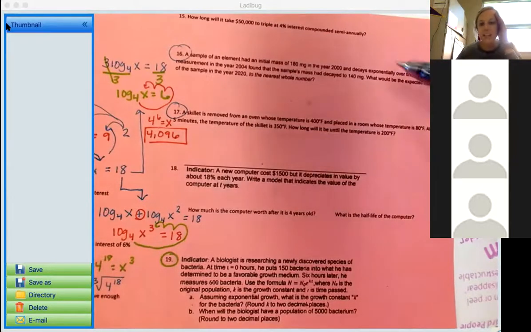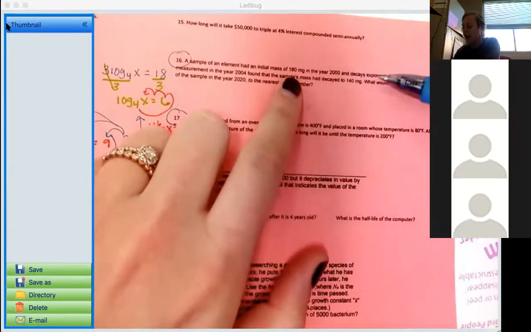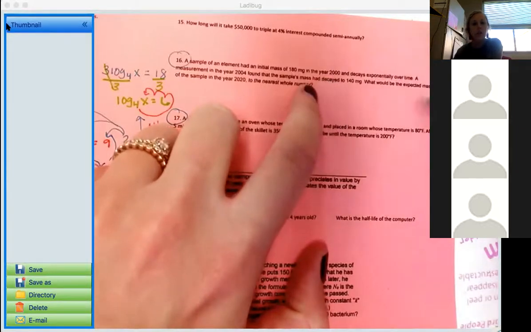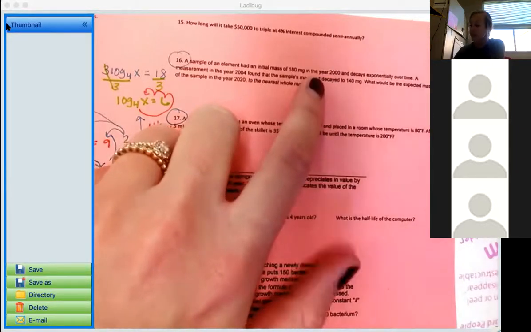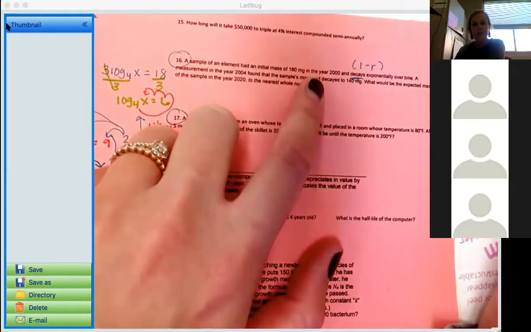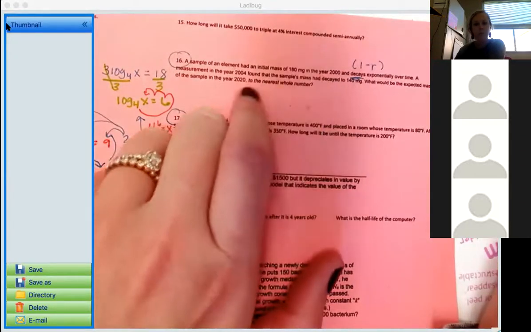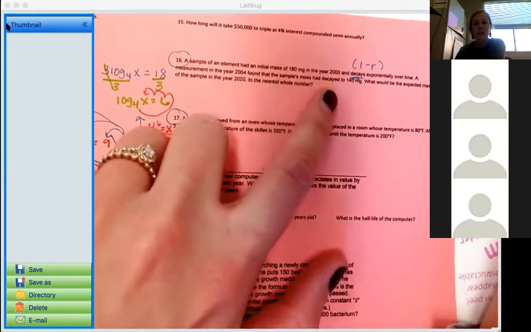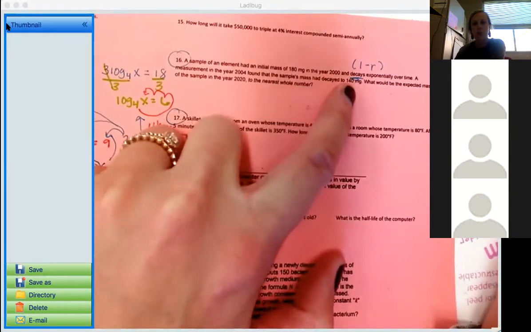All right. So 16, a sample of an element had an initial mass of 180 in the year 2000, and it decays exponentially. So this is your growth or decay. It says it's decaying, which means we'll do 1 minus the rate, right? A measurement in the year 2004 found that the sample's mass had decayed to 140.